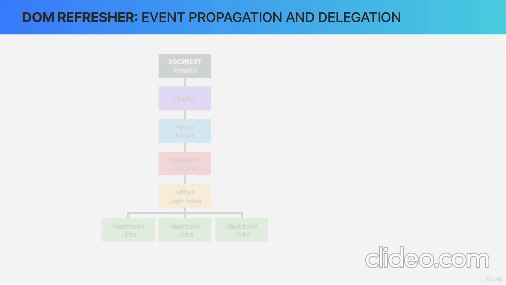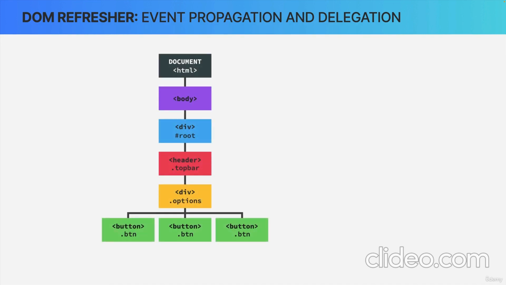So let's consider this tree of DOM elements. And note that this really is a DOM tree, so not a fiber tree or a React element tree. And now let's say that some event happens, like a click on one of the three buttons. And so here is what's going to happen in the browser. As soon as the event fires, a new event object will be created, but it will not be created where the click actually happened.